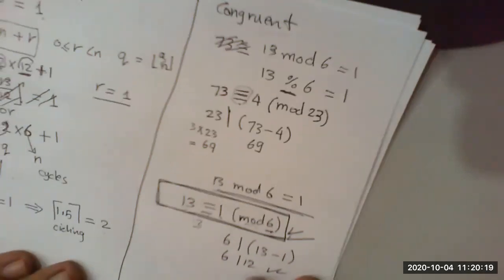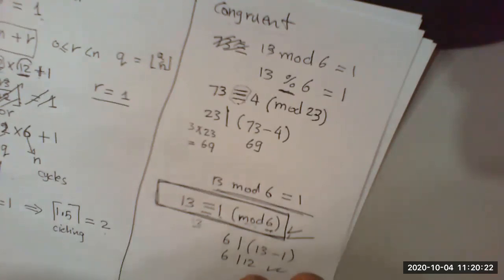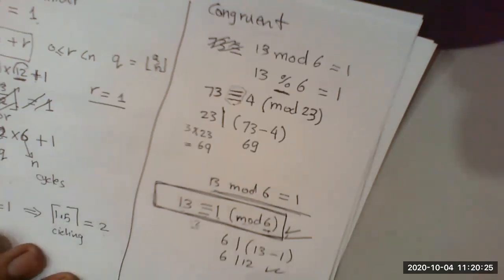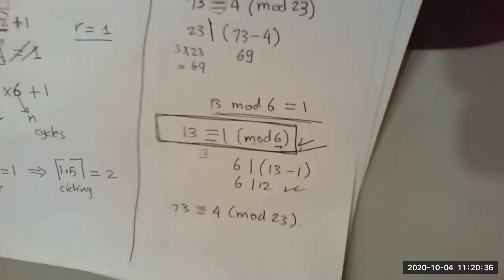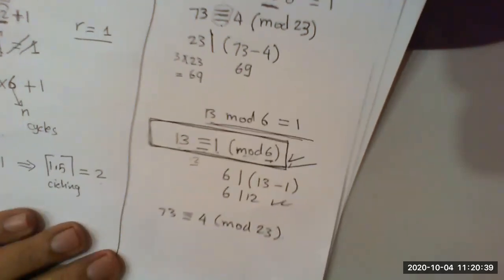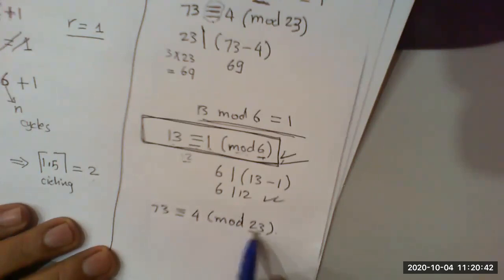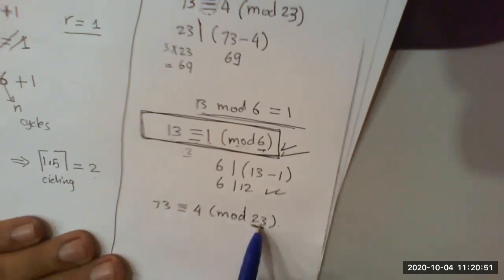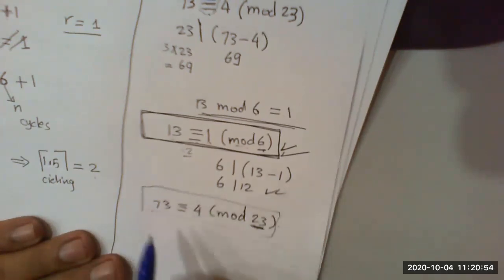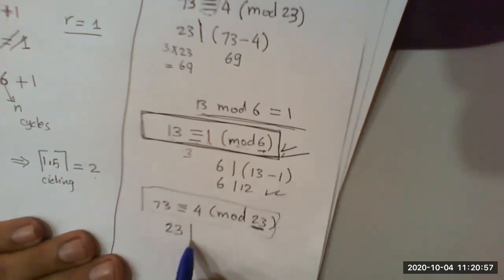The congruent is just, let me take that example from the papers. 73 is congruent with 4 mod 23. What does this mean? It means that I have the mod here, which is 23. I told you this is a cycle. If I write it this way, I know that 23 divides the difference between these two, 73 minus 4.